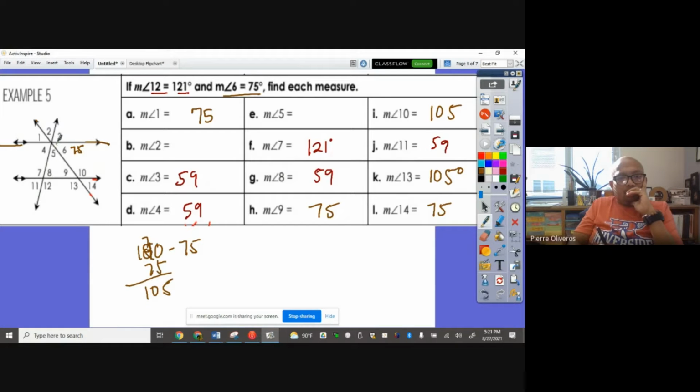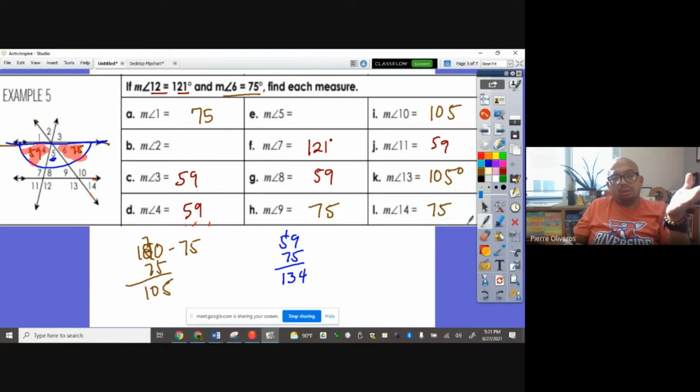We know that angle 4 is 59. We know that this is a straight angle that will give you 180. So for me to know angle 5, 59 plus 75 will give us 134. The value of angle 4 and angle 6 sum up to 134.